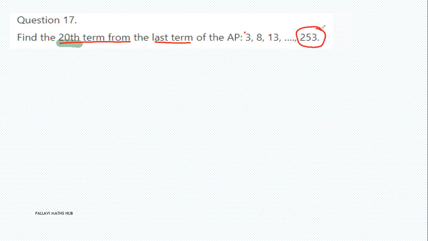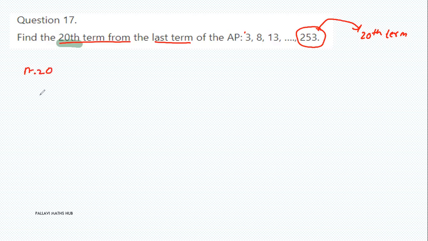From the last term you need to find out the 20th term. N is equal to 20.